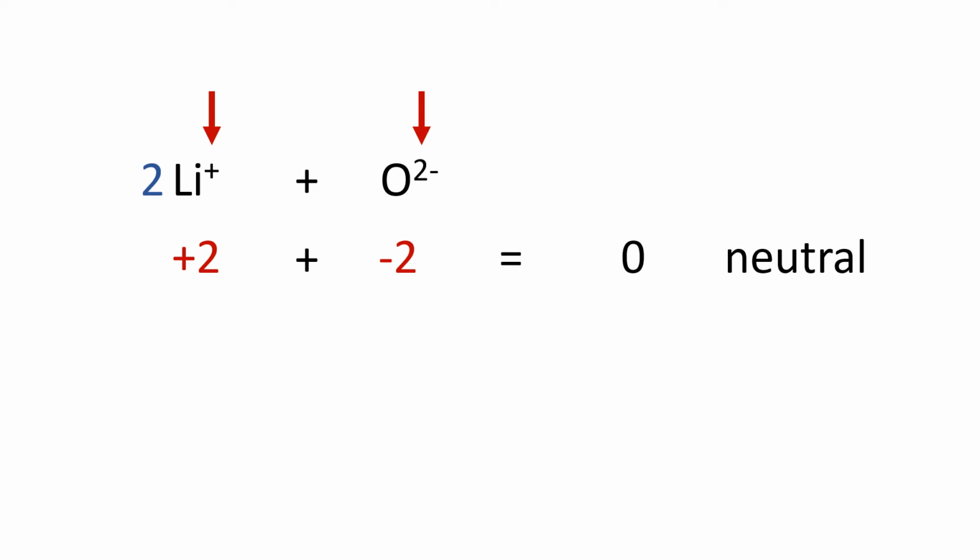And with our charges balanced, we can write a formula for the ionic compound with 2 lithium ions and 1 oxide. And we let our reader know that we have 2 lithium ions by writing that 2 in the subscript after the lithium. Numbers in the subscript tell us about the formula or the recipe of our compound. And in this case, we need 2 lithium ions for every 1 oxide to create that balance.